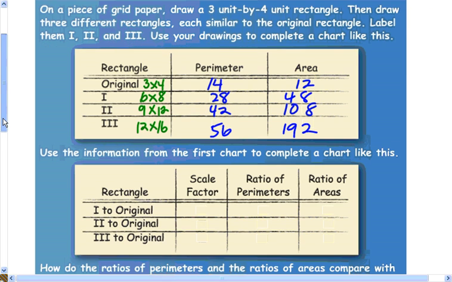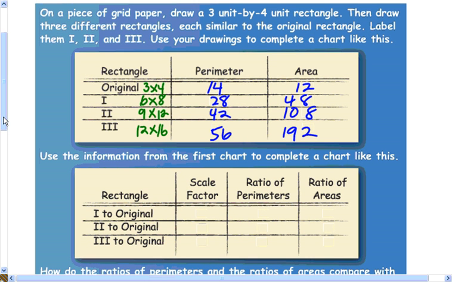All right, now we're going to do the scale factor. From number 1 to the original, the scale factor is 2 to 1. From number 2 to the original, the scale factor is 3 to 1. And from number 3 to the original, the scale factor is 4 to 1. Now we're going to look at the ratio of perimeters.